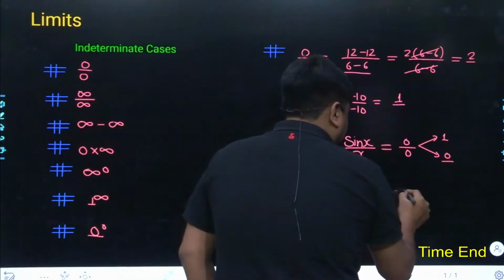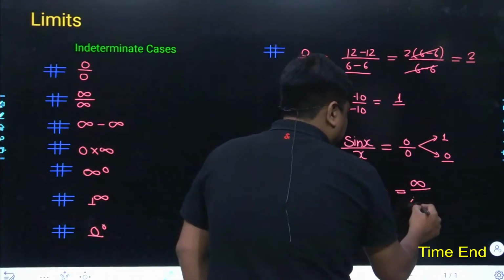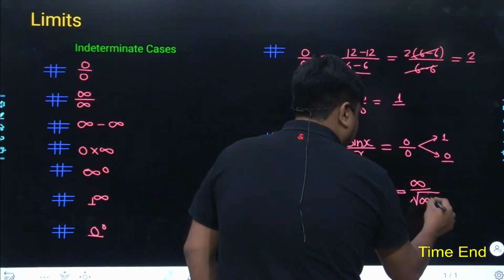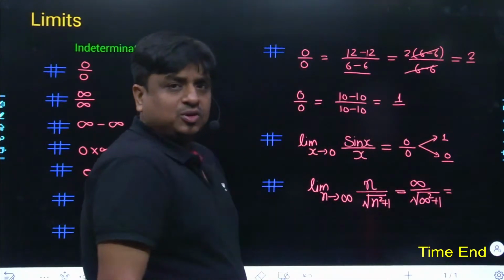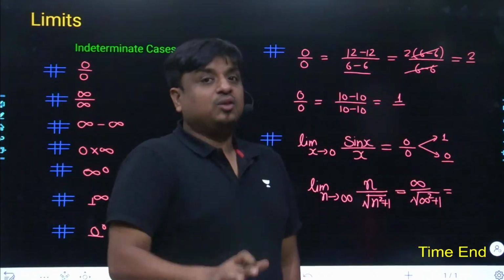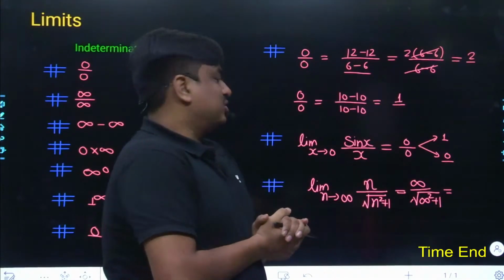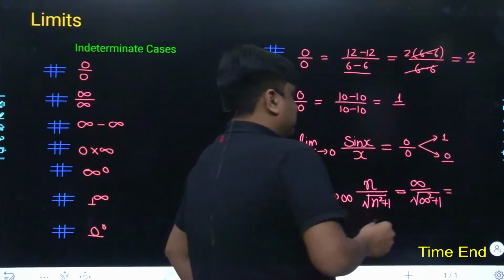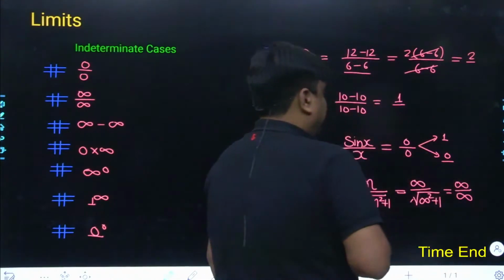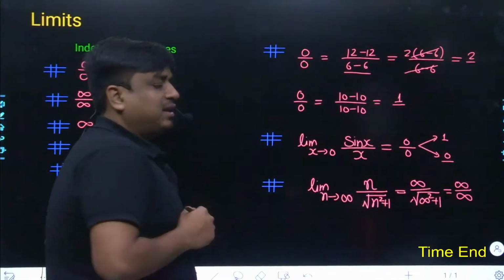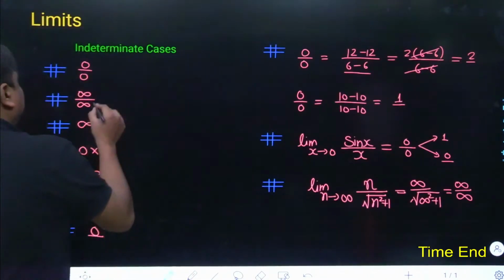Once you feed n equals infinity, the numerator becomes infinity, and the denominator becomes infinity square plus 1. Obviously, infinity is a very large value, so its square is also an ultra large value. Added with 1, it remains a very large value. Square root again remains a very large value. So the result is infinity over infinity. You can't write this as 1, 0 or infinity, because infinity by infinity is an indeterminate case.